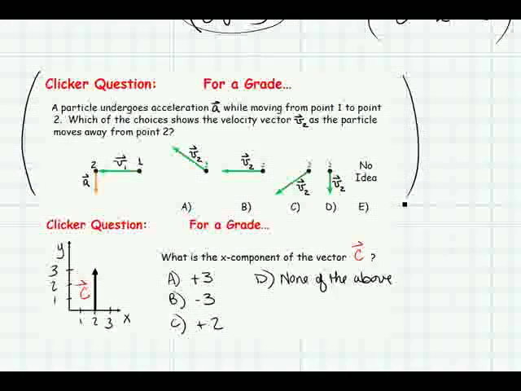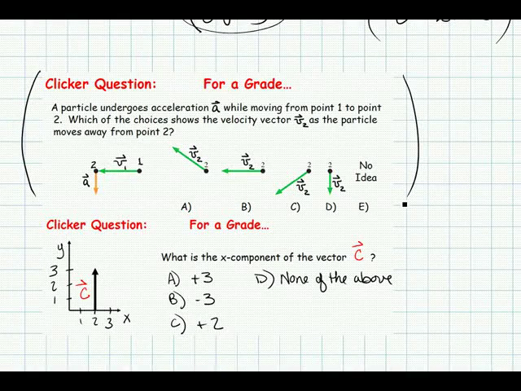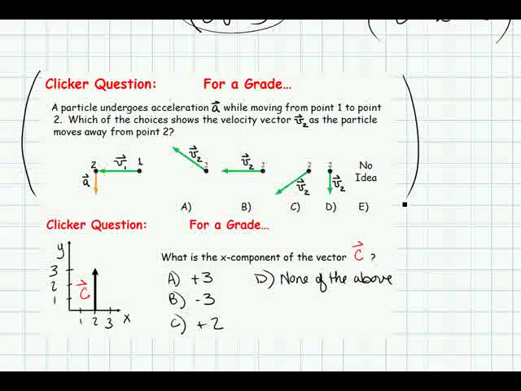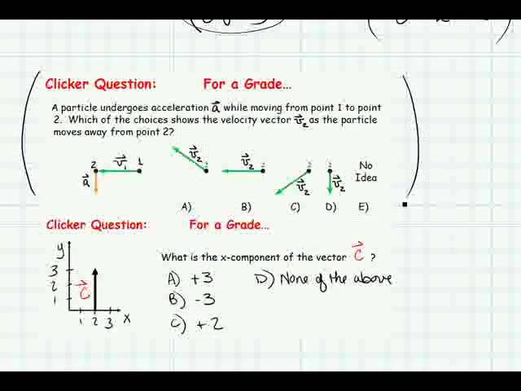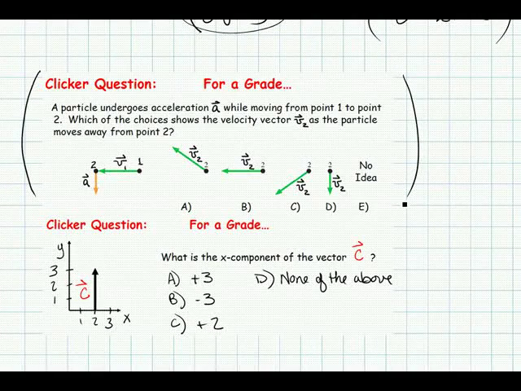So we have a particle which undergoes an acceleration a while moving from point 1 to point 2. That's the figure on the left hand side. Which of the choices show the velocity vector v2 as the particle moves away from point 2? So if you like to pause the video and think about this for just a few minutes, then you can come back and see if your answer is correct.